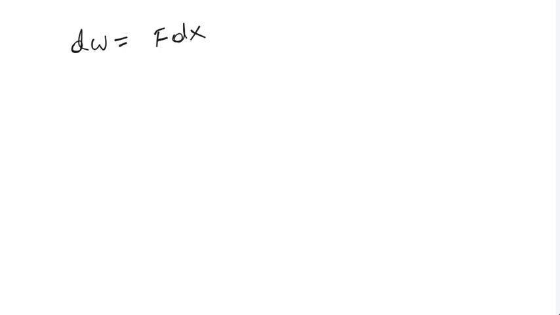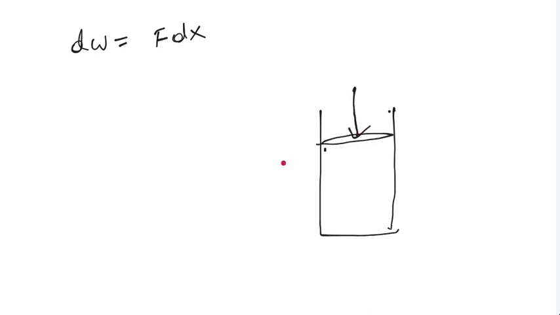Suppose we have a cylinder in a pressurized condition. We are pressurizing the cylinder like this. In this case, the cylinder is experiencing some work done, that is dw equal to F dx.